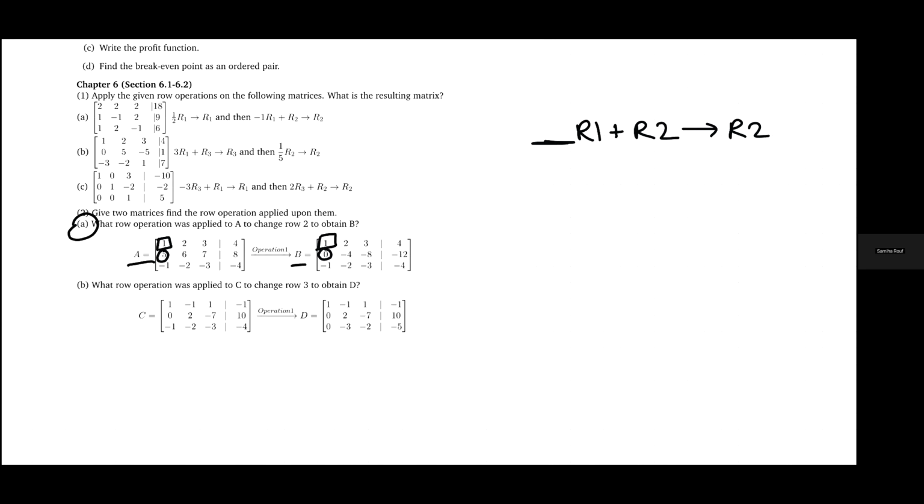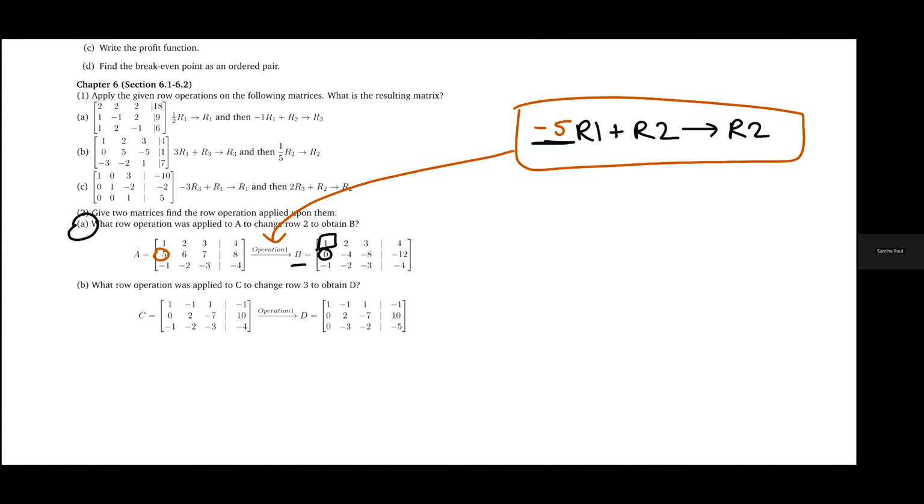Well, we see in matrix A that we have a 5 in row 2. So to zero that out, we're going to need -5. So this is the row operation that would have been placed here. All right then.